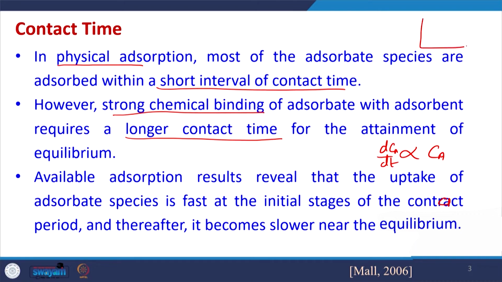So, we have a solution where adsorbent is present, and various pollutants are present in it. Since initially there is no adsorbate on the adsorbent particle, it is virtually 0 there. So, on the solid surface the concentration of the adsorbate is 0, whereas in the solution it is very high.